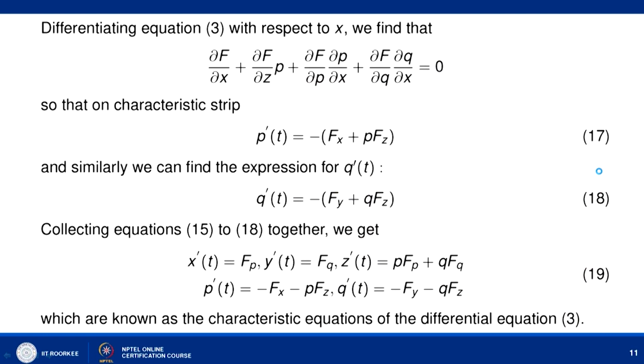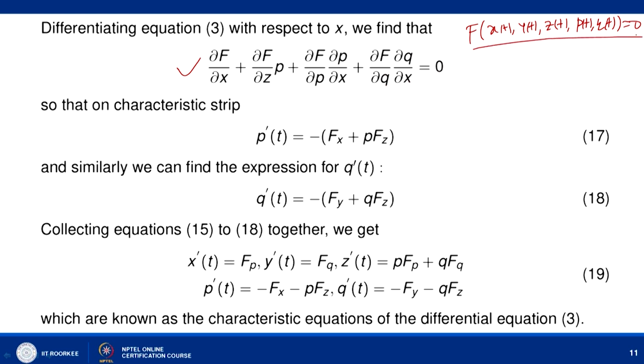So, using this we can differentiate f of x(t), y(t), z(t), p(t), q(t) equal to 0. If we differentiate this with respect to x, we have the following relation: del f by del x plus del f by del z p plus del f by del p, del p by del x plus del f by del q, del q by del x equal to 0.